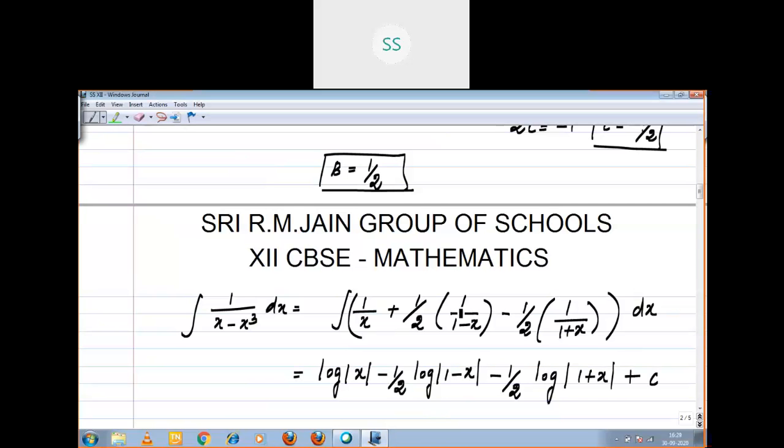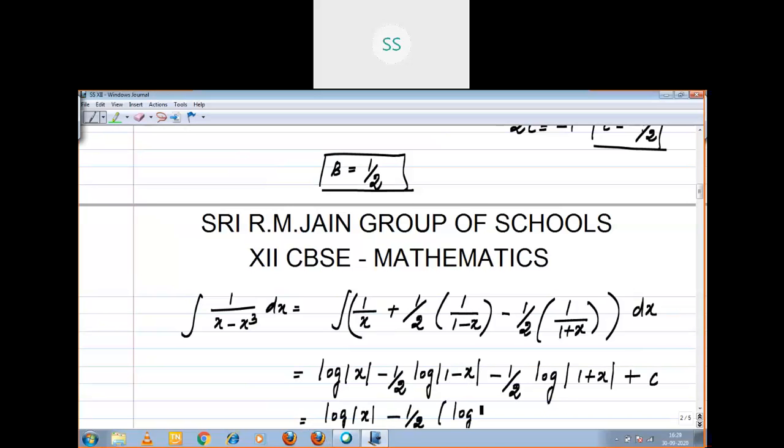That minus 1 I shift to the numerator. Got it, children? Minus 1 by 2 into log of modulus 1 plus x plus c, because it is an indefinite integral, right? Whether you understood or not.